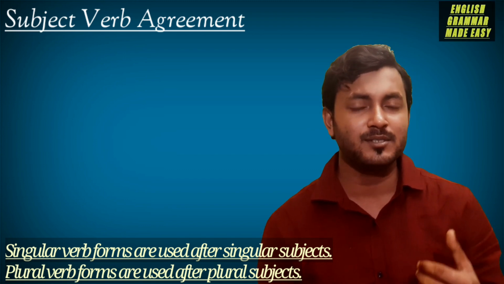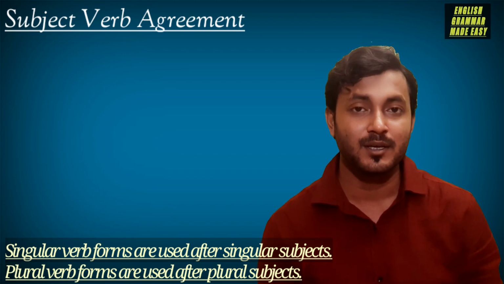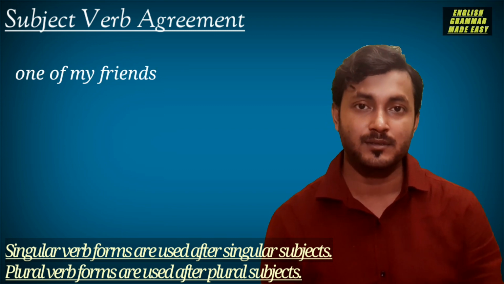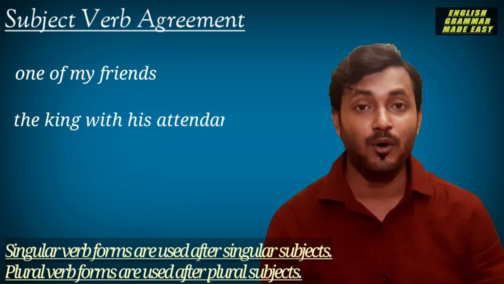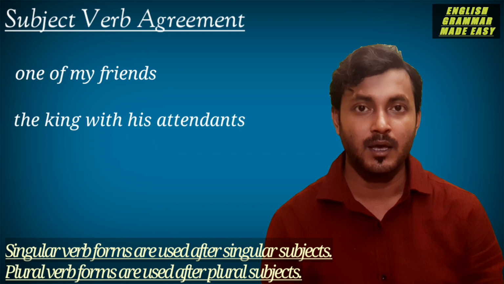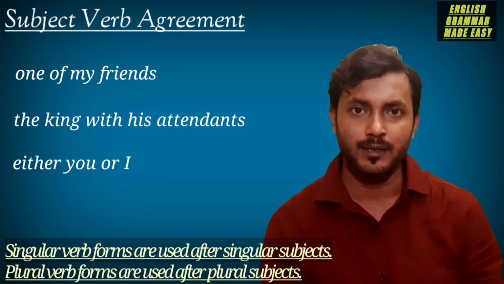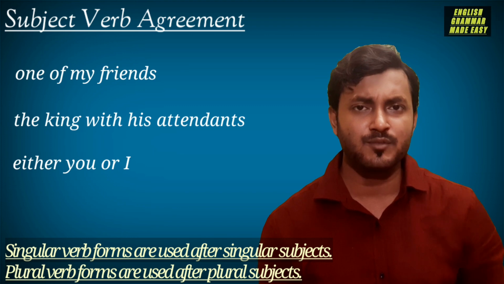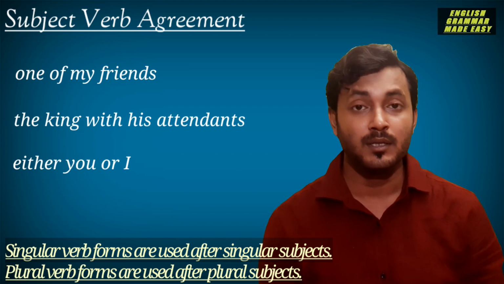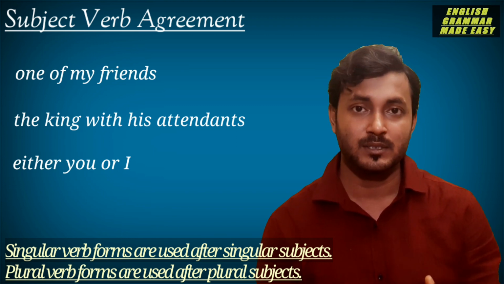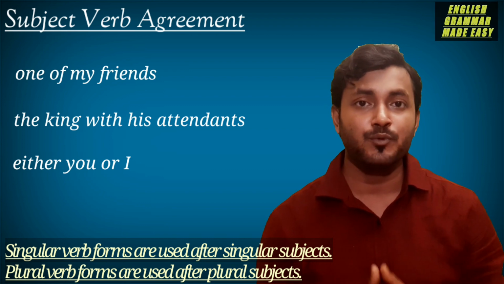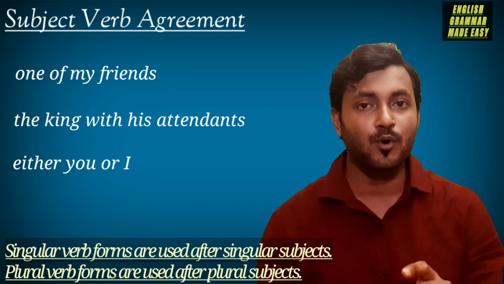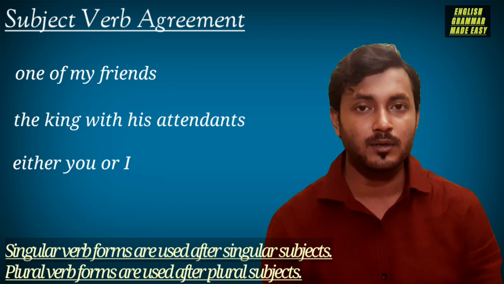For example, let's just look at these phrases. One of my friends, the king with all his attendants, either you or I, etc. In these three subject phrases, what do you get to see? There are more words. And in that case, we often get confused which word we should be focusing on.